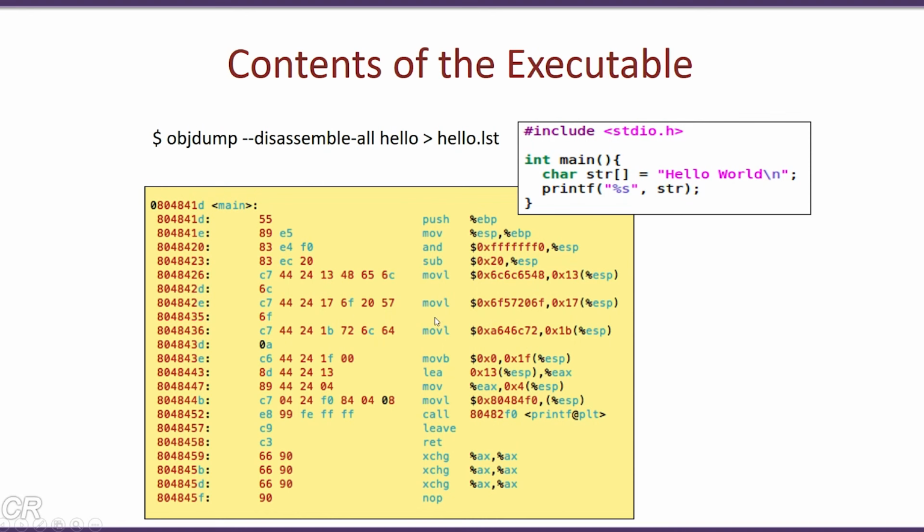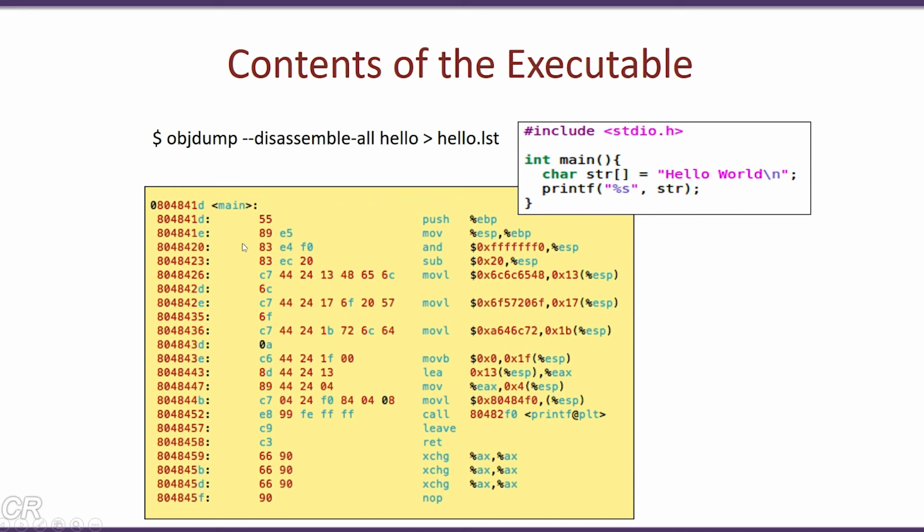Notice that over here there is a call to printf at PLT. We will see what this actually means in a later class, but for now we can understand that this is the call to printf which is made over here. Similarly, there are other instructions which are used in this main function.